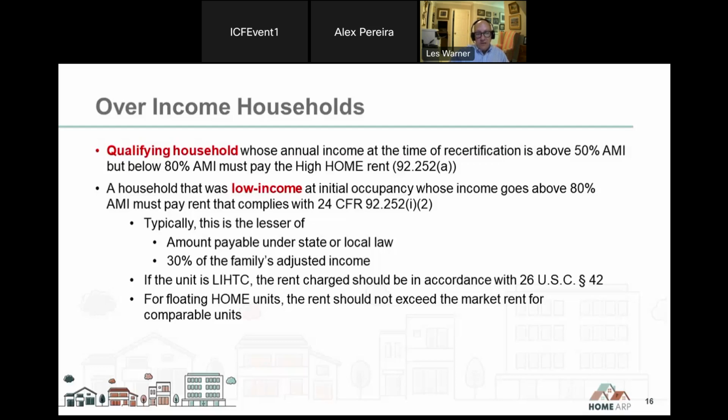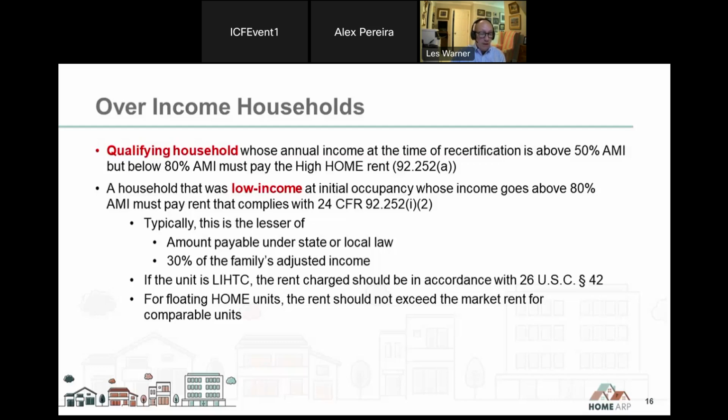We're going to be adjusting their rent to 30% of the household income. And we might have some local or state laws that put some further restrictions on that. So we're not going to require that household to move. Let's say when they initially moved into that unit, we did their initial income certification, and they were at 60% AMI.